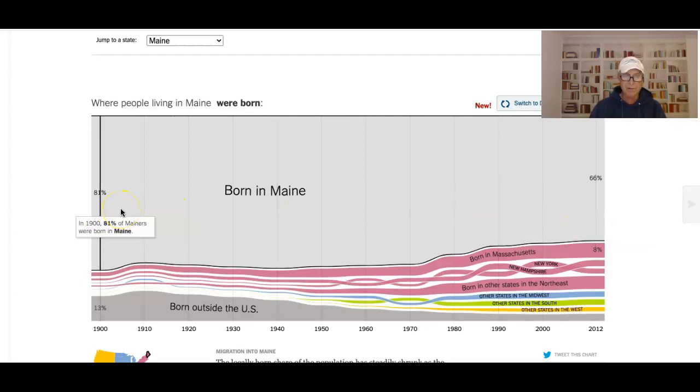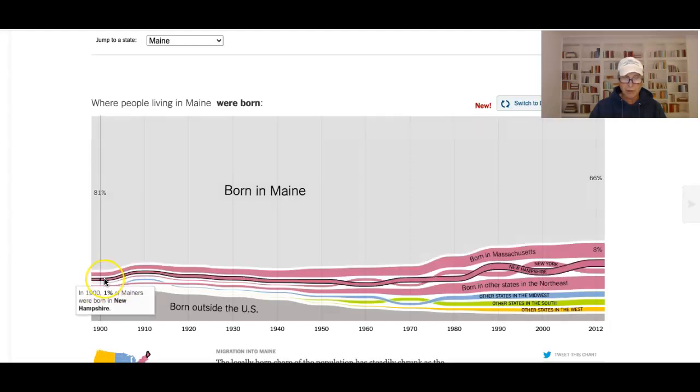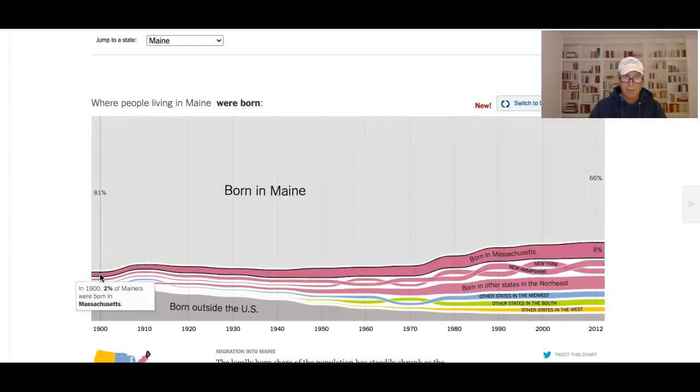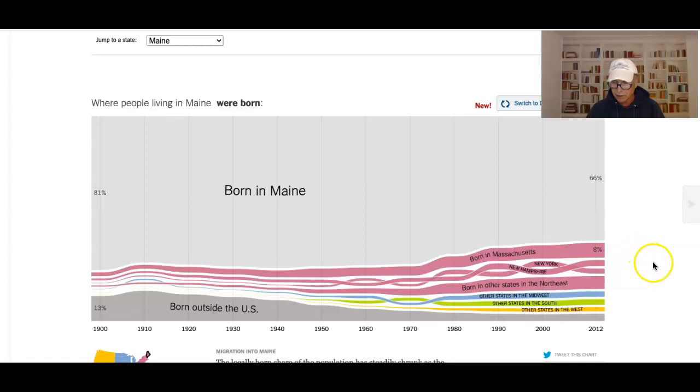Back in 1900, 81%. How about born in Massachusetts? Back in 1900, 2% of Maine's population was born in Massachusetts. Going down to 2012, 8% of Mainers were born in Massachusetts. So you can see each one of these categories is telling us a story.